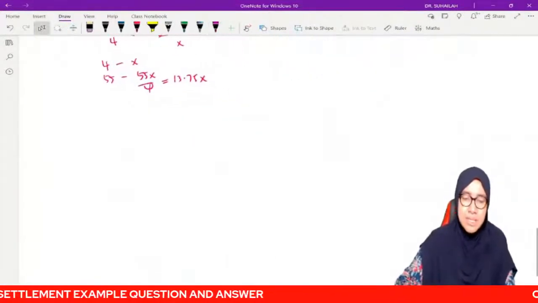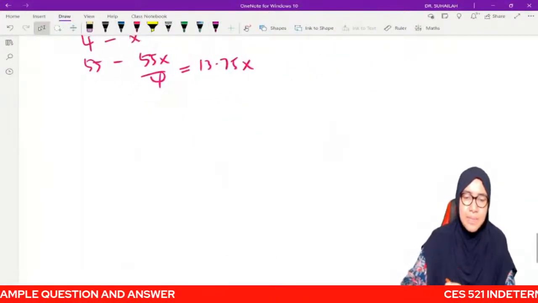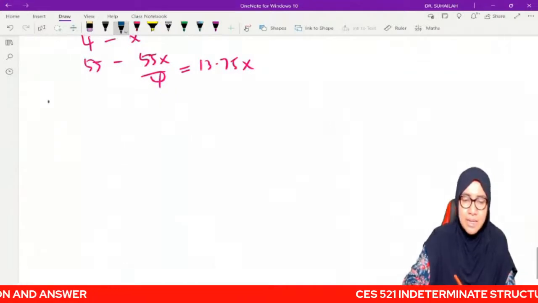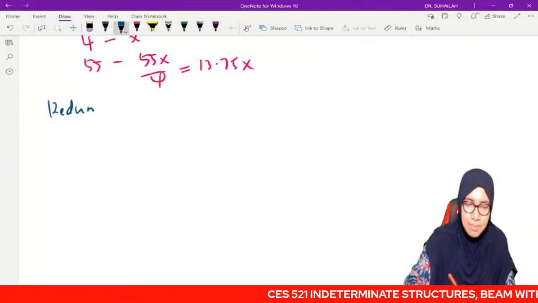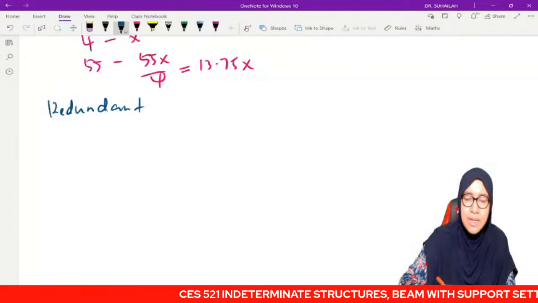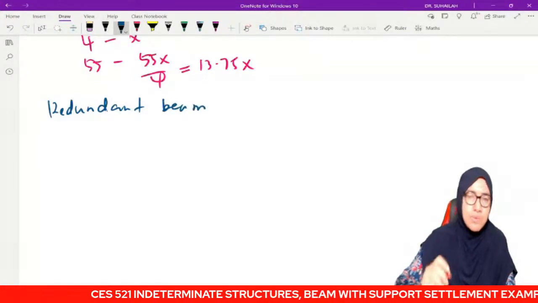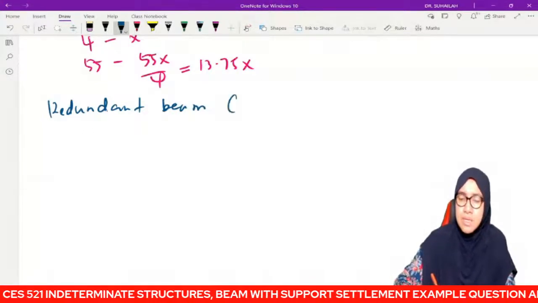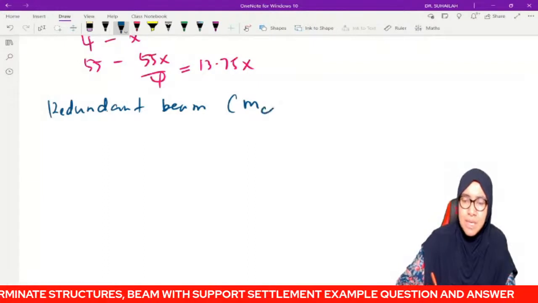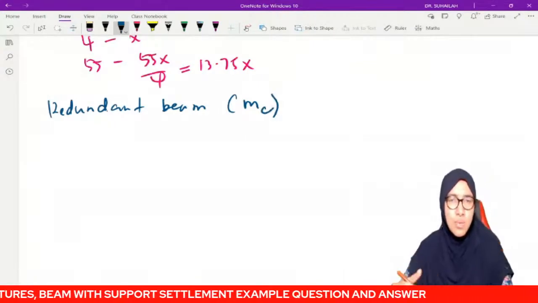Now we move to the redundant beam. This will be easier. This is MC, the redundant CY applied.